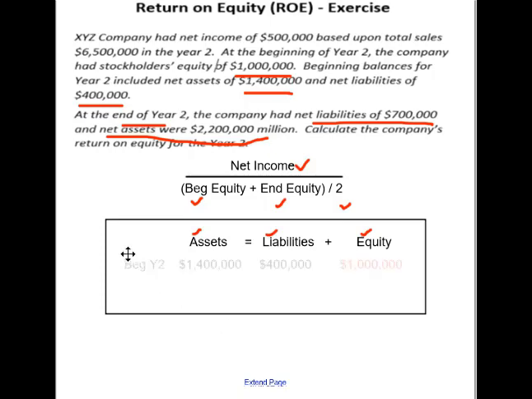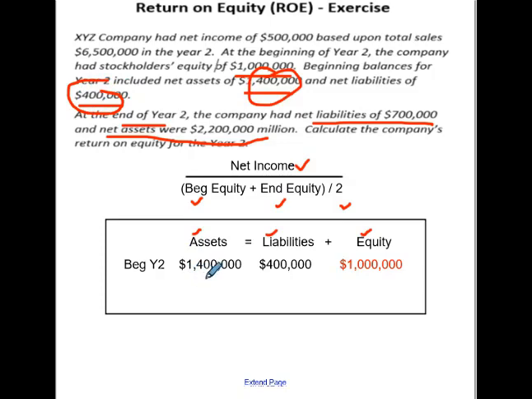I start off with the fact that in the beginning of year 2, I had $1,400,000 worth of assets. I know I had that. That's from my description. I also had $400,000 of liabilities.